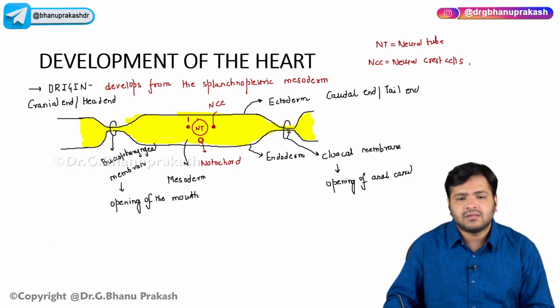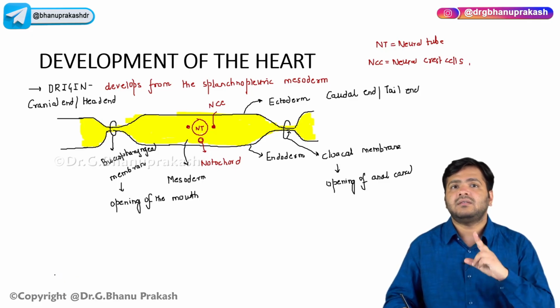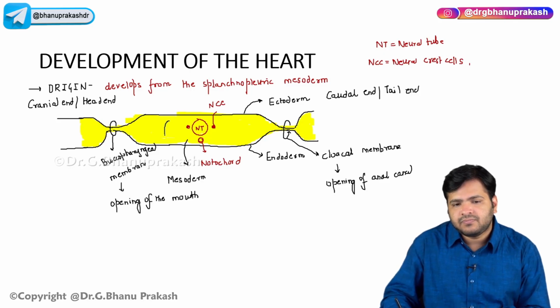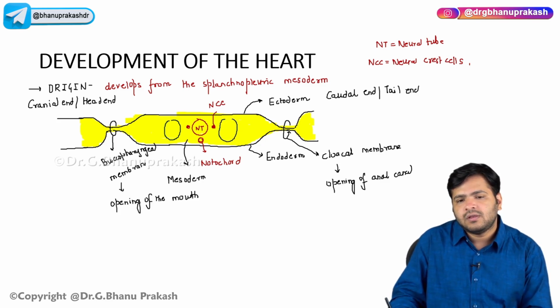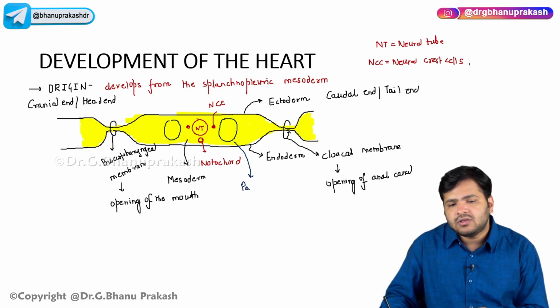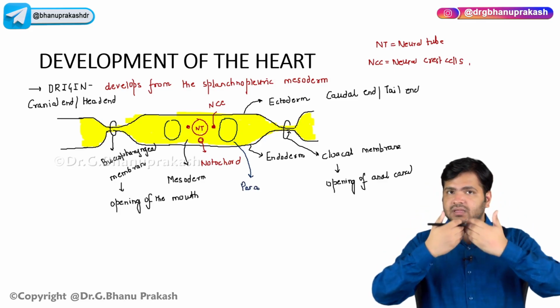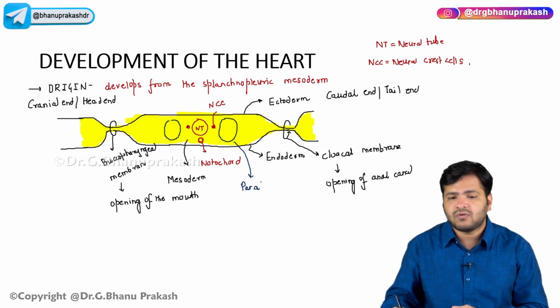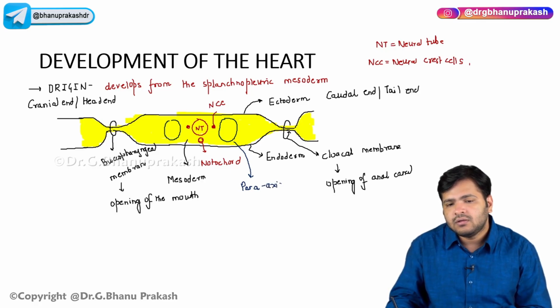Now, at the sides of the neural tube, you will get one mesoderm over here, which is called the paraxial mesoderm, because it is just near the midline, on the sides of the axial plane.